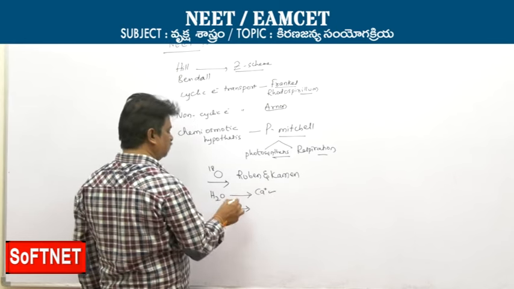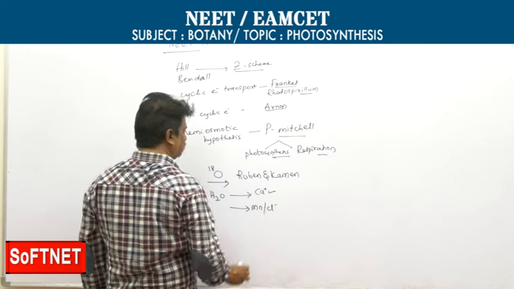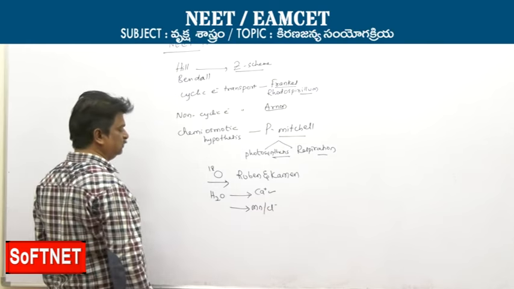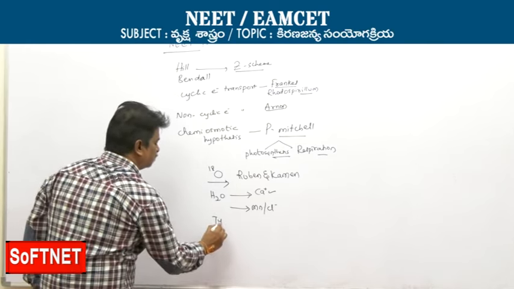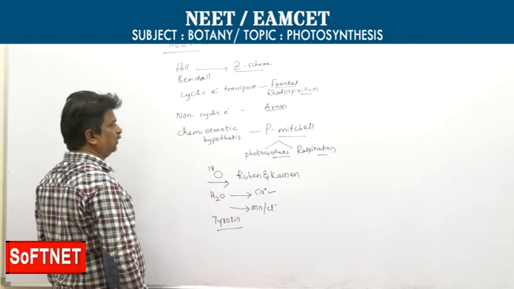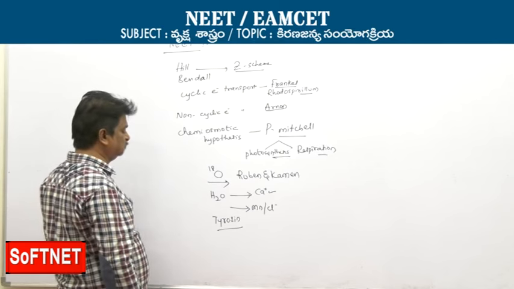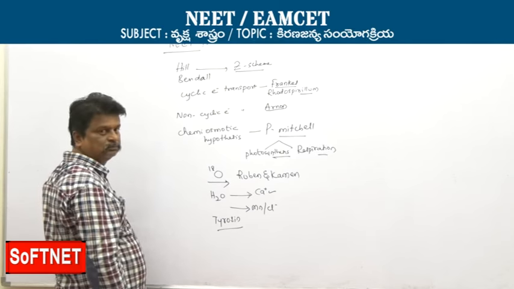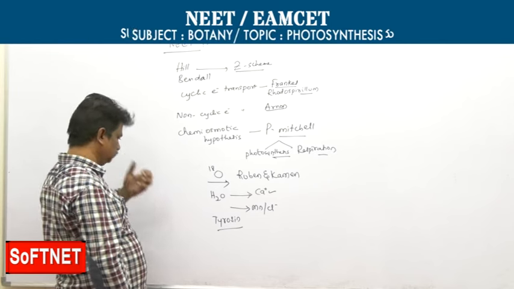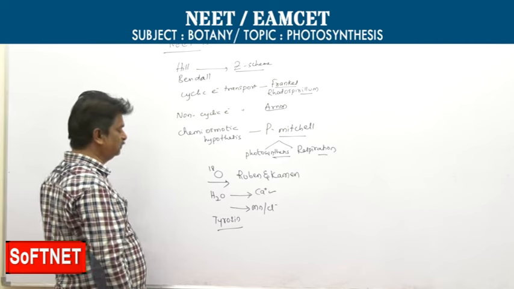Macro element involved in photolysis of water: calcium. Micro elements involved in photolysis of water: manganese and chlorine. And the amino acid which transfers electrons from lumen to PS2: tyrosine.